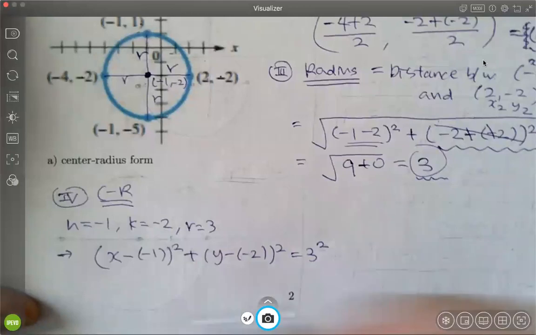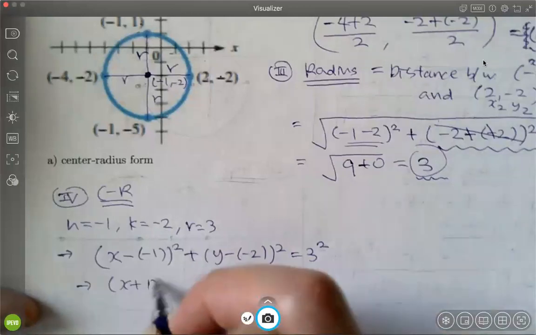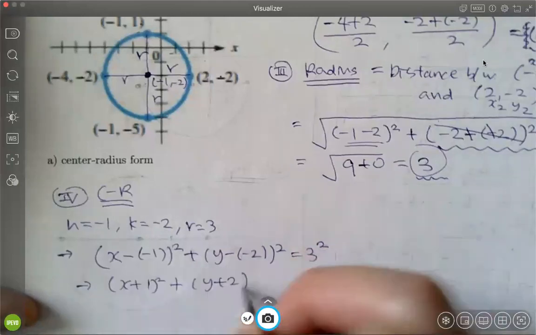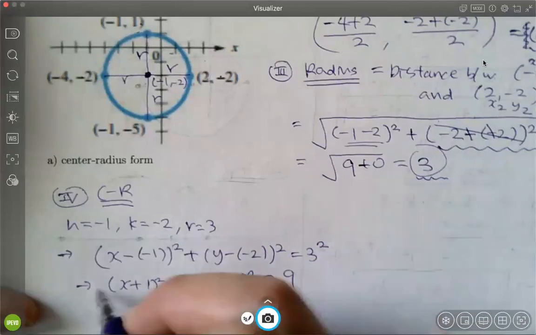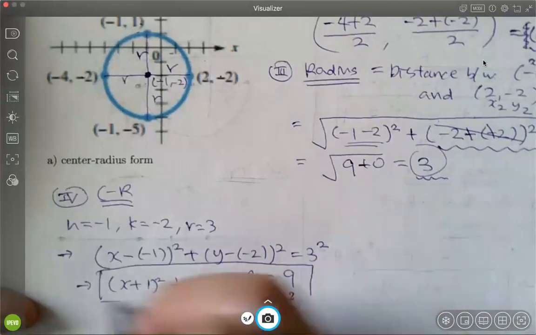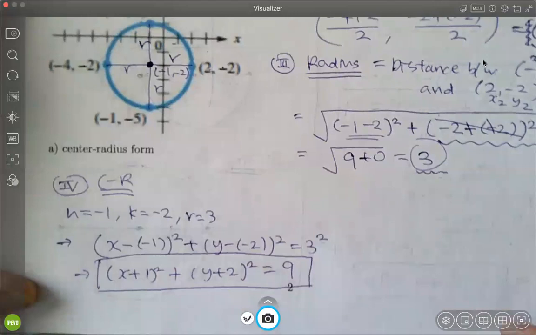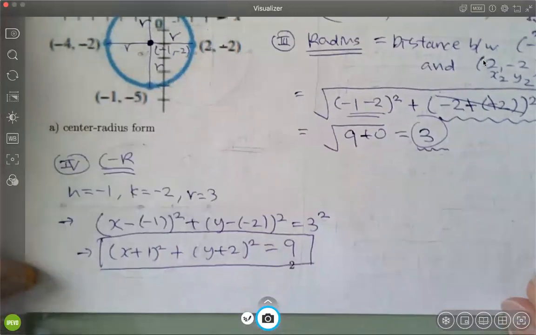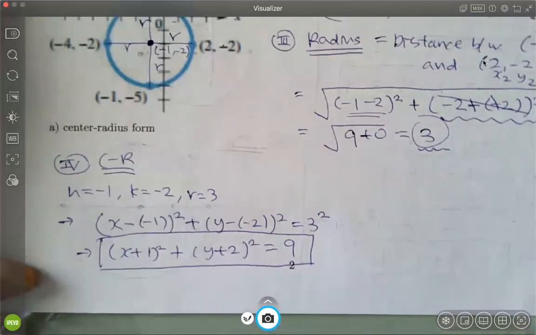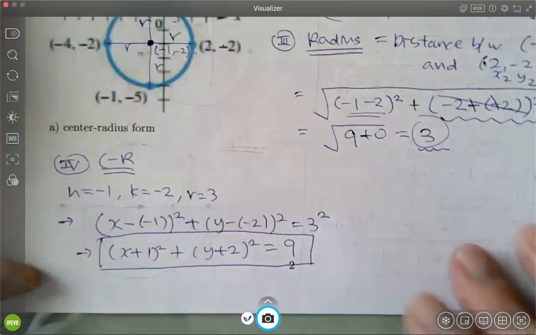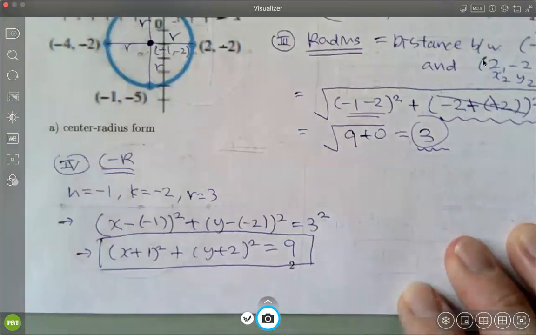So we get x plus 1 squared plus y plus 2 squared is equal to 9. And remember, we are not foiling the first two products. So that is the center radius form.